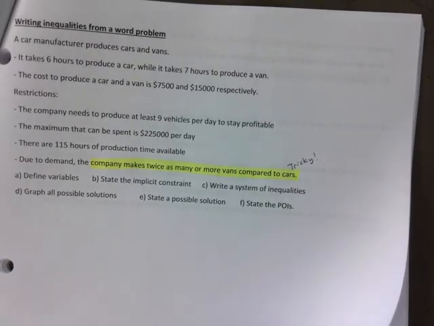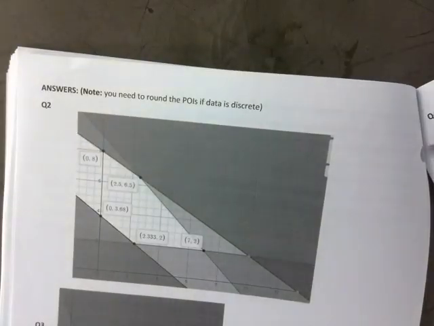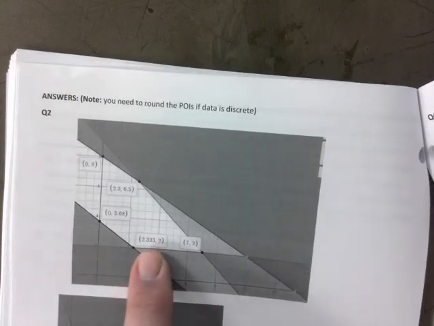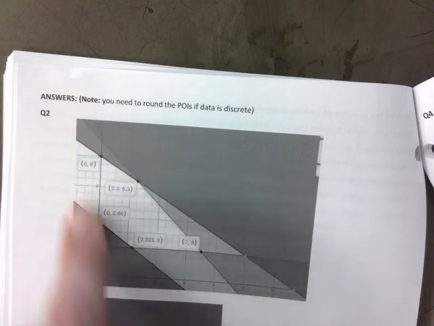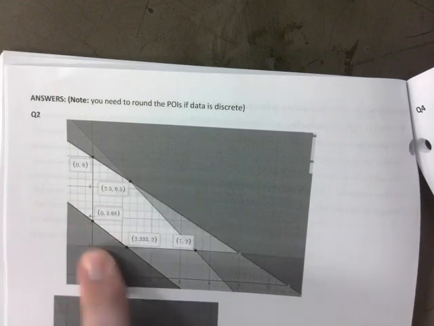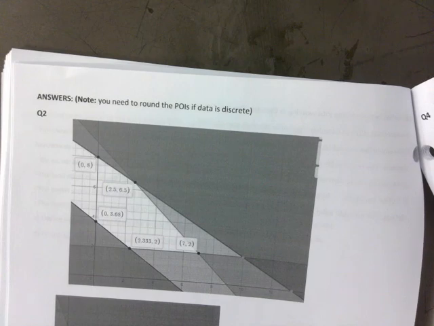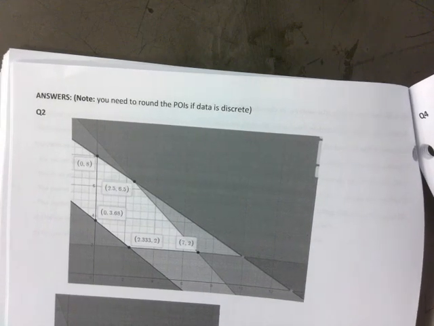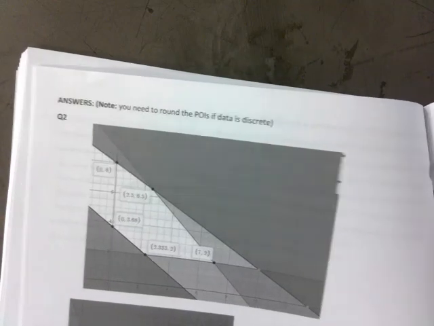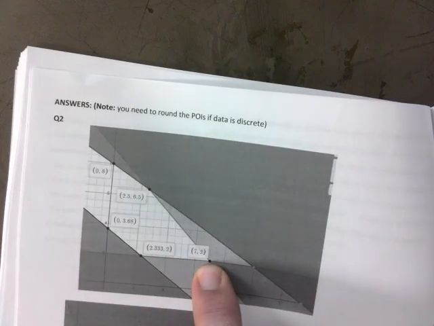If you're stuck, I will post the answer key, but the questions from 50 to 54 all have their solutions here. If you keep flipping to 55, this is what the solution region should look like. My key, if I post that, also has that. So 55 and on has the answer keys, and I do post the corner points for you to go back to as a reference.